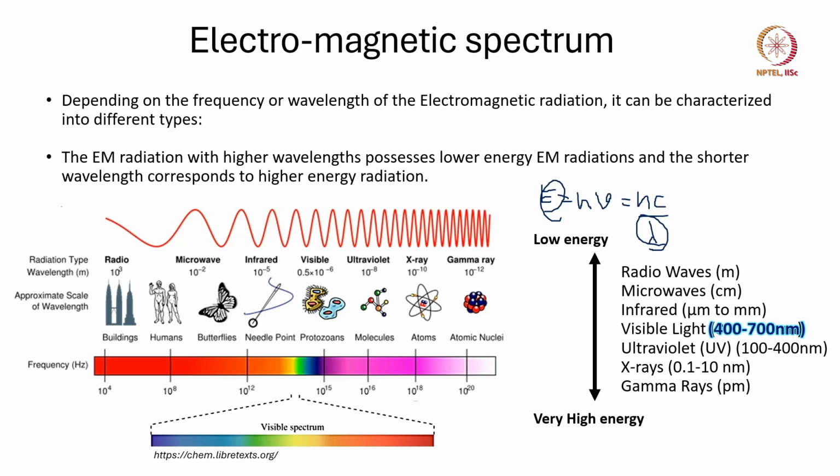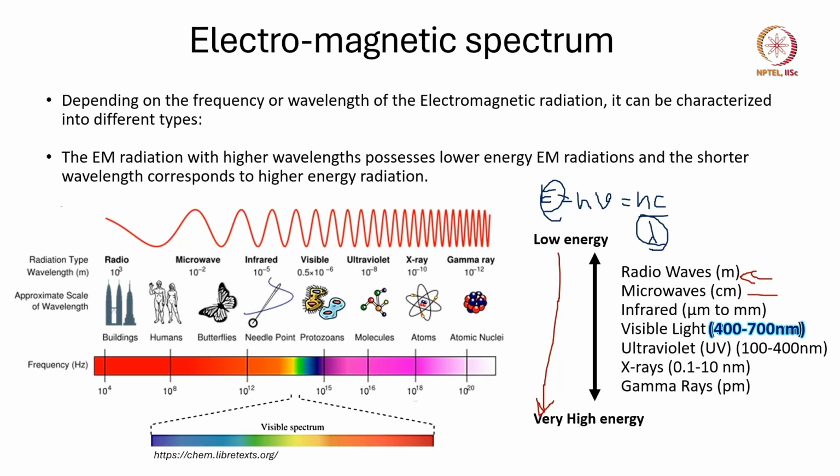The different types of electromagnetic radiation are listed from lower energy to higher energy, where the radiation with the longest wavelengths, which are the radio waves, whose wavelengths are in the order of meters and kilometers, have the lowest energy, and as the wavelength reduces, the energy of the electromagnetic radiation increases.